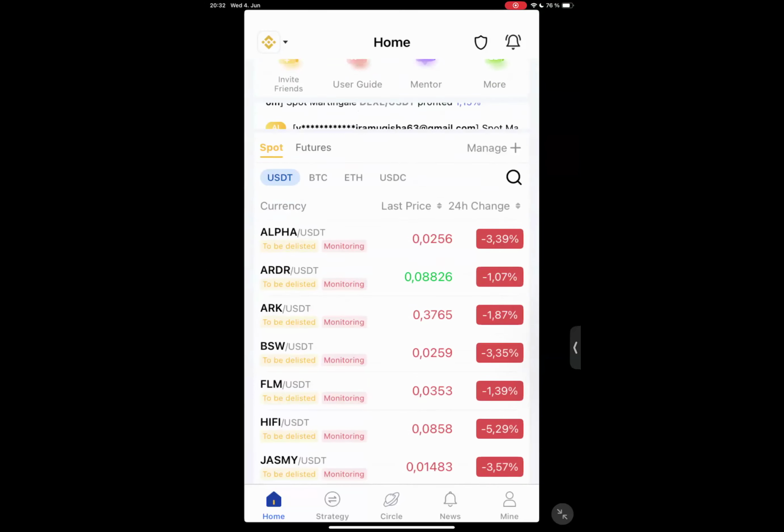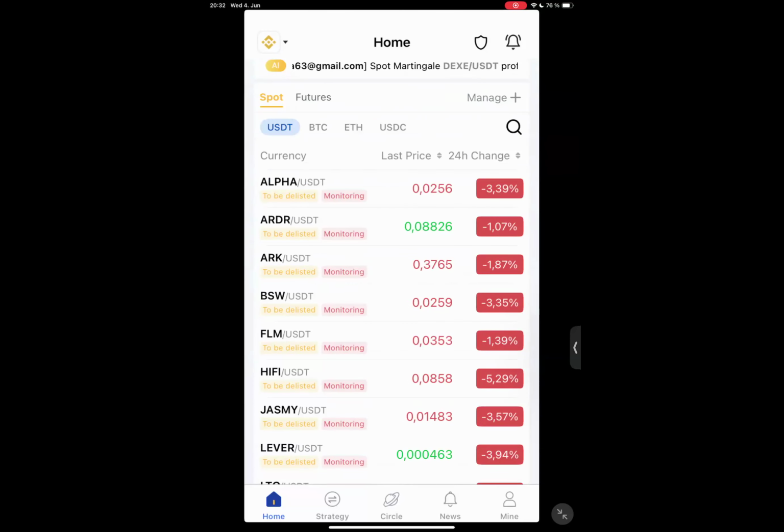So let us go to where you can search for a coin. If your downlines are not here, they are missing out a lot. If you're an upline and someone who has registered under you is not at this meeting, they are missing out. And when they miss out, you, their upline, will miss out too.